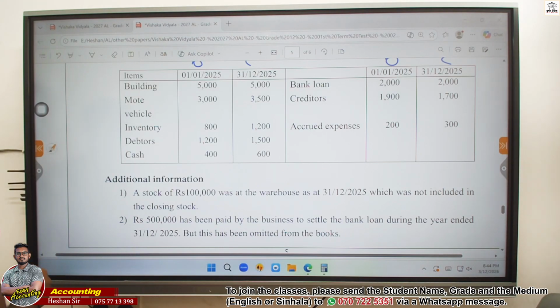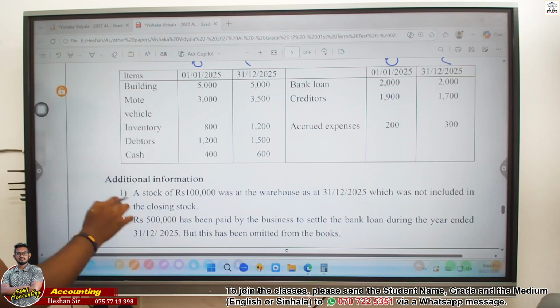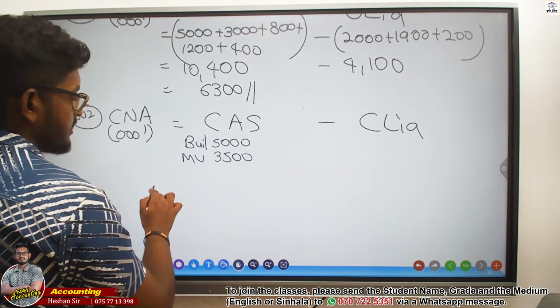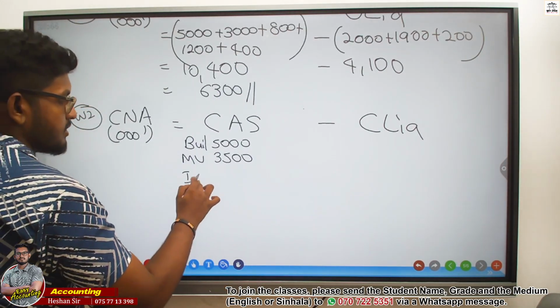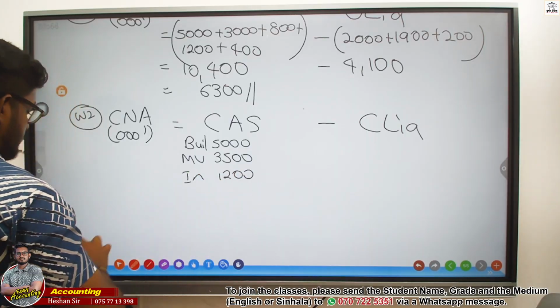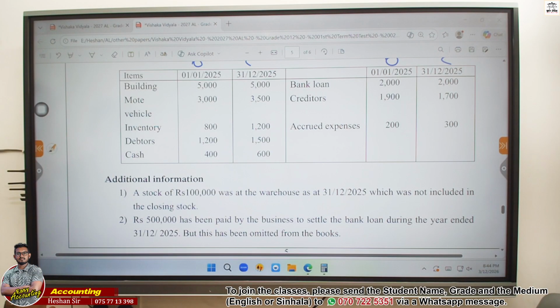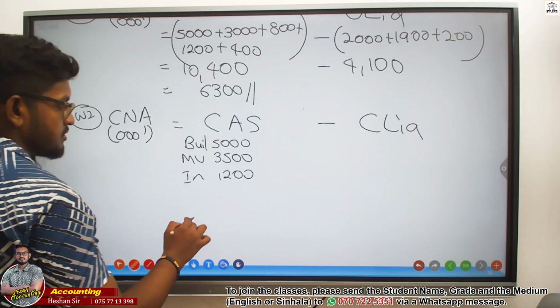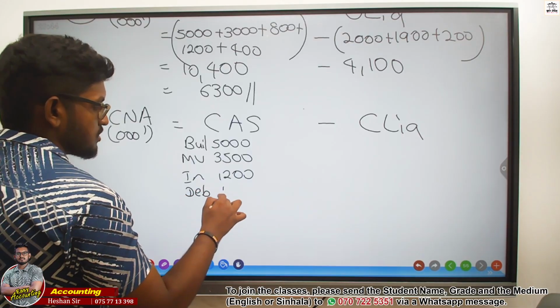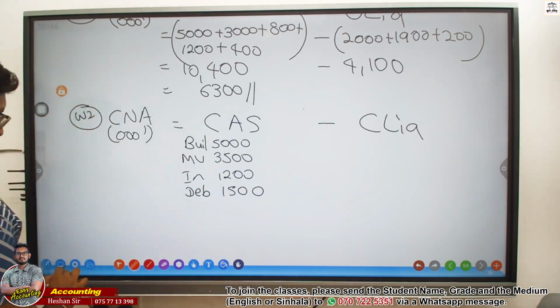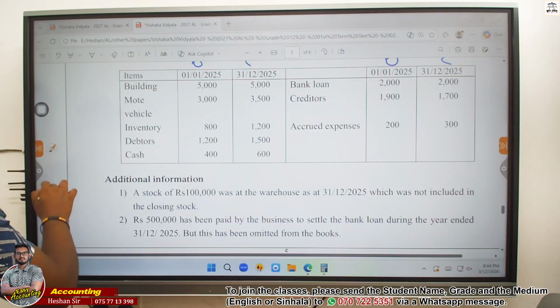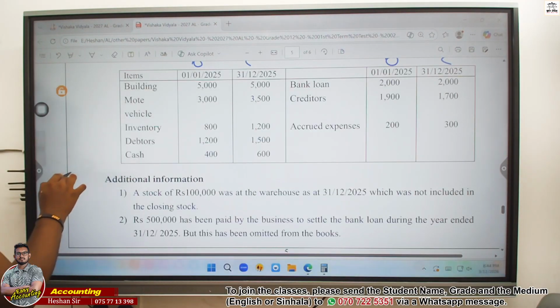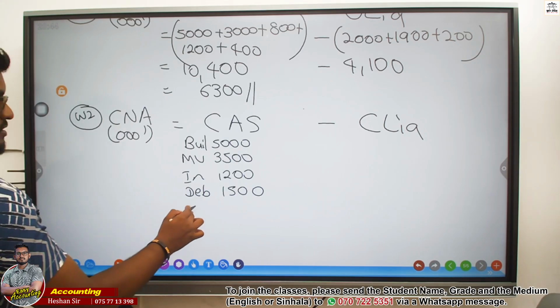Inventory 1,200. Debtors 1,500. Cash 600.